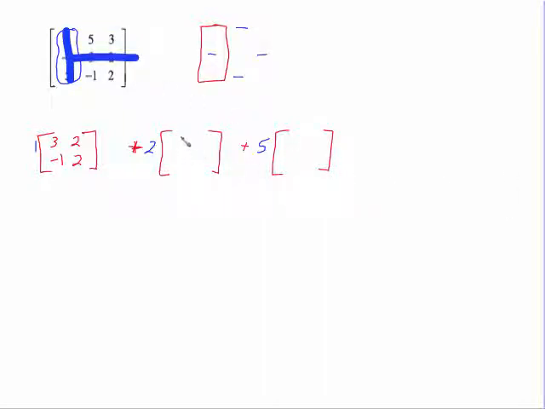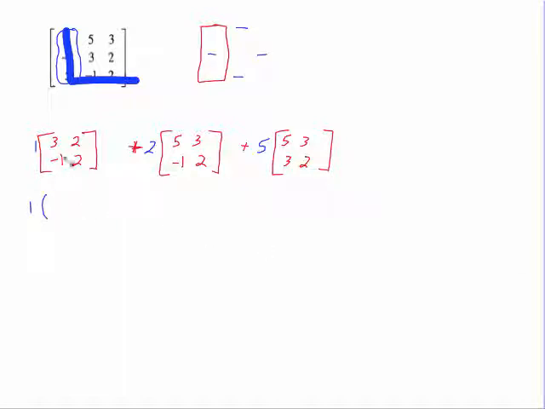Those entries make up this 2 by 2, 5, 3, negative 1, 2. And take the cover and bounce it down 1 more. Gives me 5, 3, 3, 2. So that's the hard part, getting everything set up where it goes with the appropriate signs. Now it is just arithmetic.